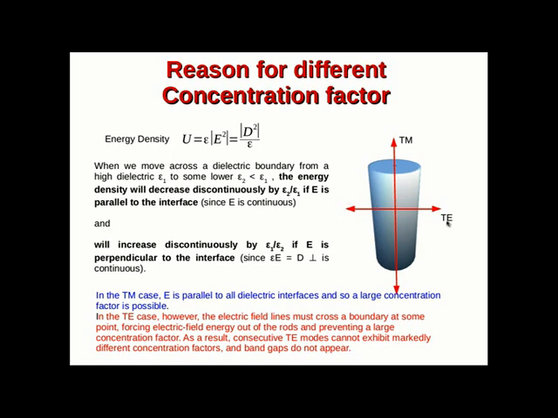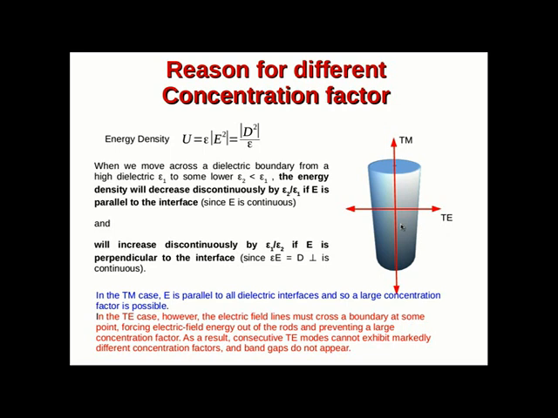So tangential component of electric field is continuous in this case, and normal component of electric field is discontinuous, and normal component of D field is however continuous. So keep this in mind, that tangential component of electric field is continuous and normal component of displacement field is continuous.